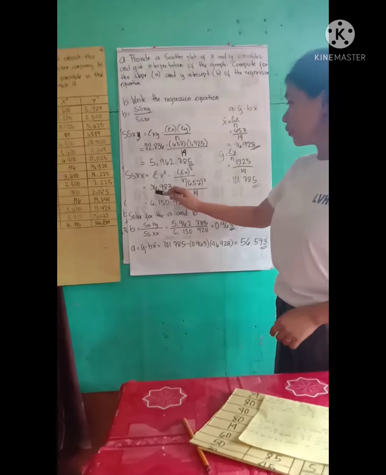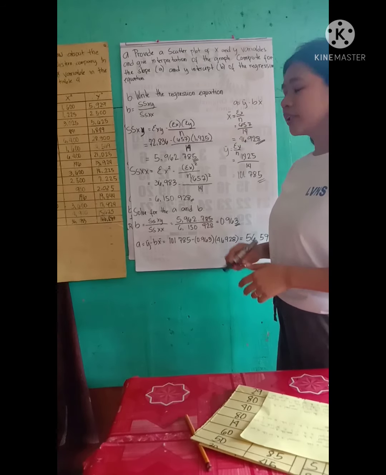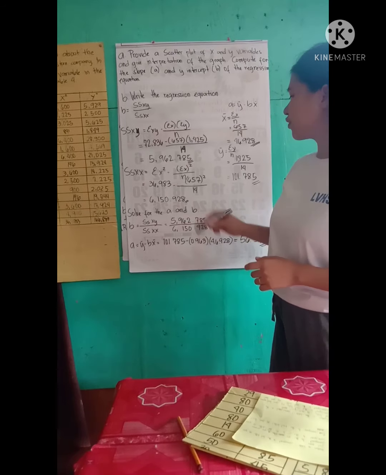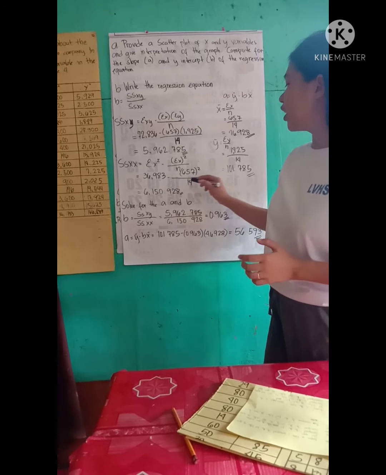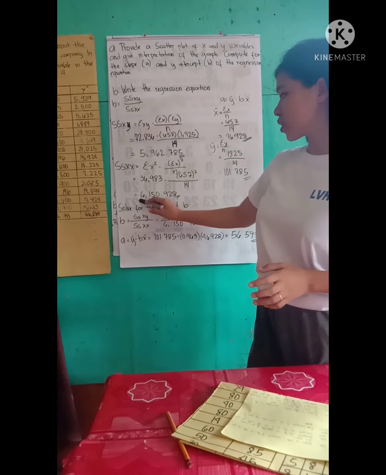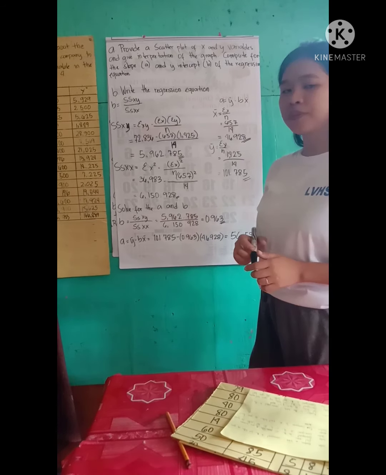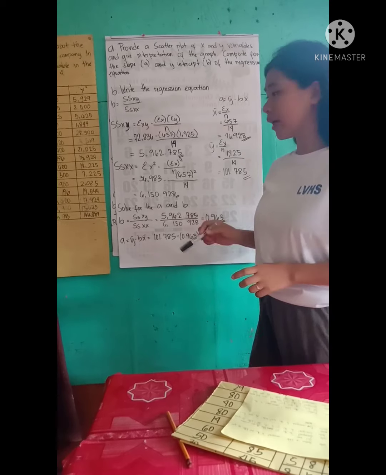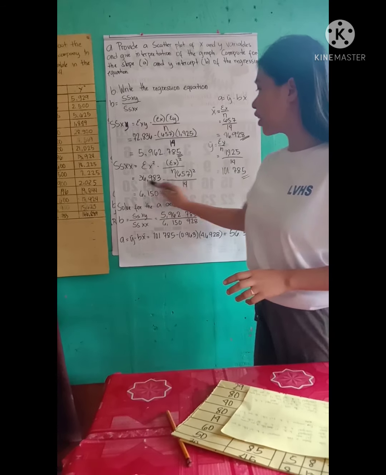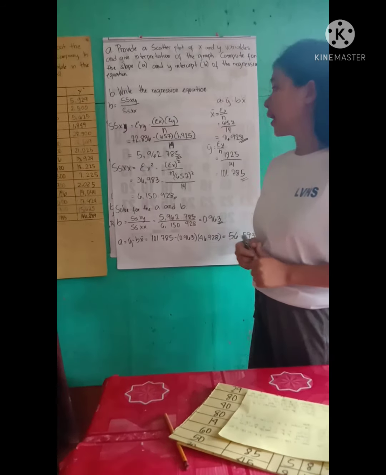So 36,983 minus 657 raised to the power of 2 divided by 14 is equal to 6,150.928. And this is the value of our summation of square xx.